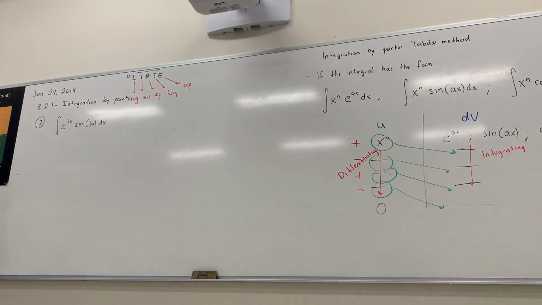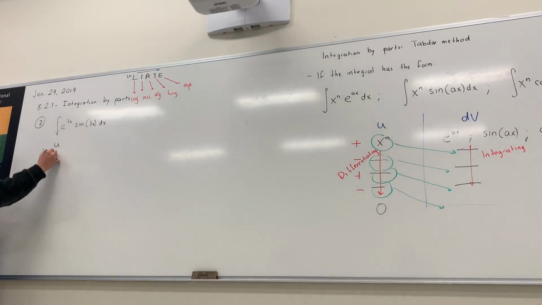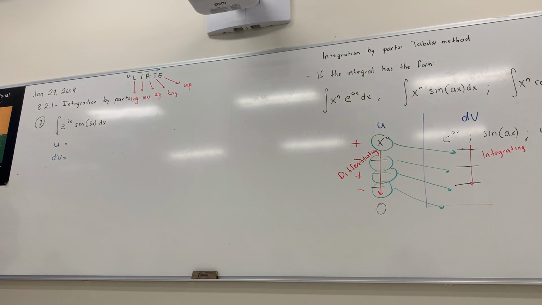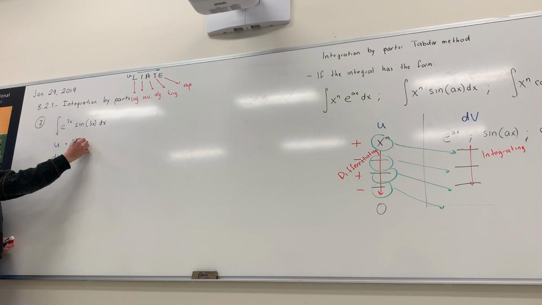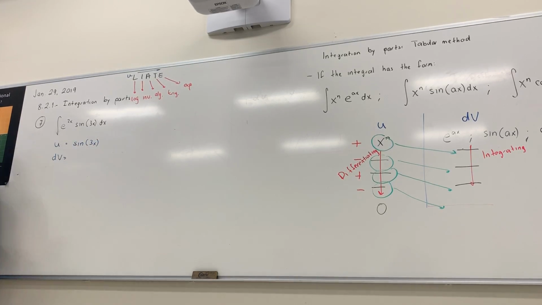So in this one, just like we did at the beginning, we need to choose u and dv. Which one will be your u? Sine. In this one it doesn't really matter, because you have exponential and trigonometric, and both are basically the same priority. But fine, follow the rules.